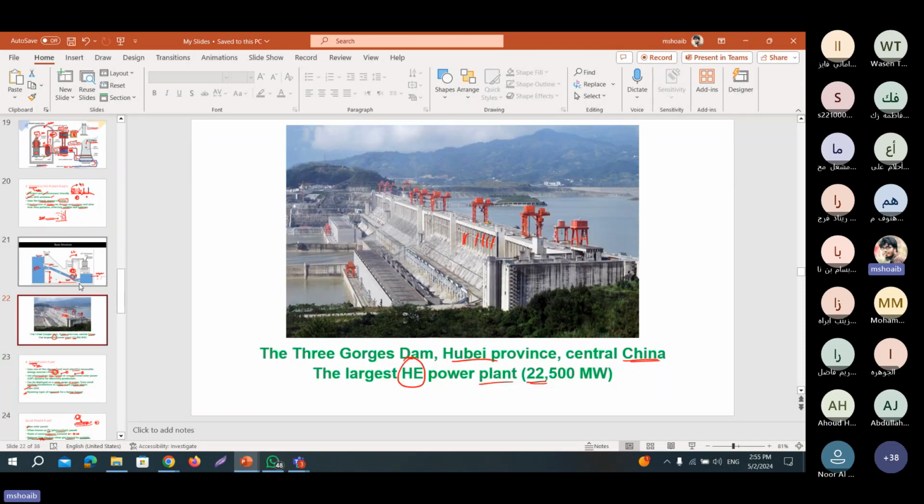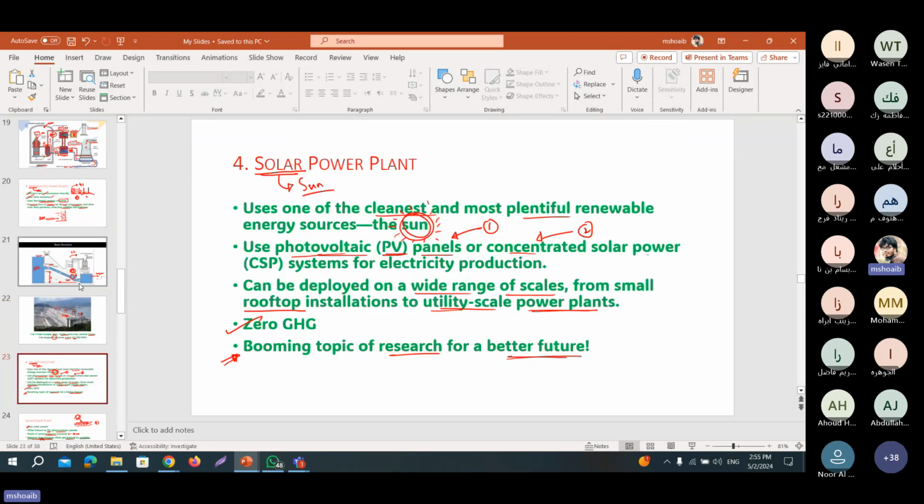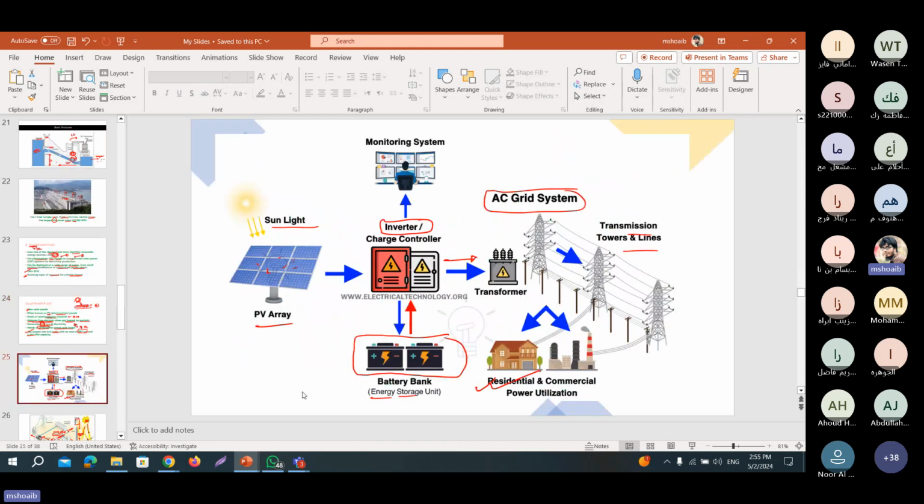I have shown you the picture of China, and then the solar power system. This is a very clean energy, and we are trying to use more solar energy nowadays, but you can use it in two different ways. One is direct solar cell usage to convert into DC.